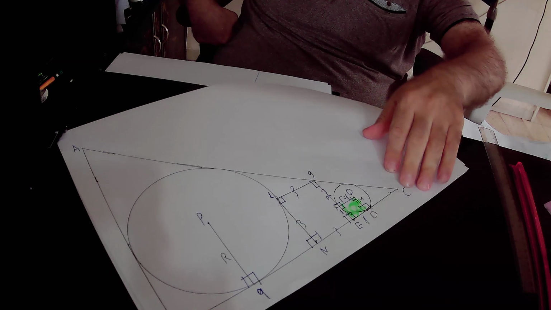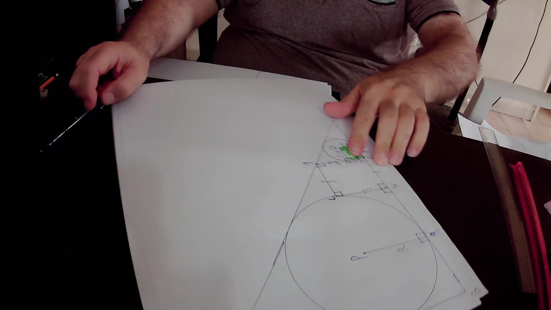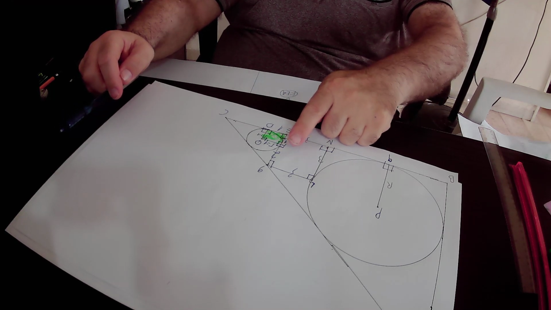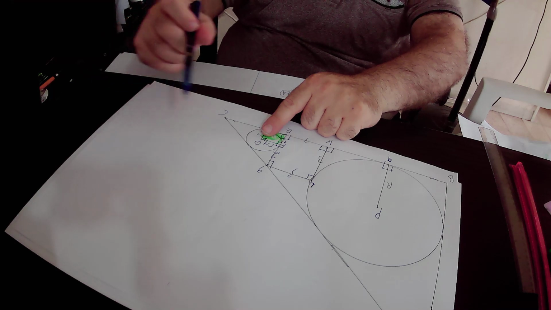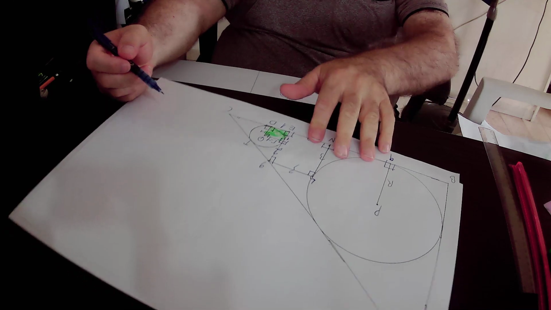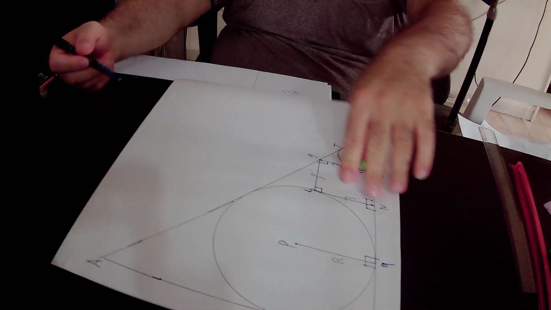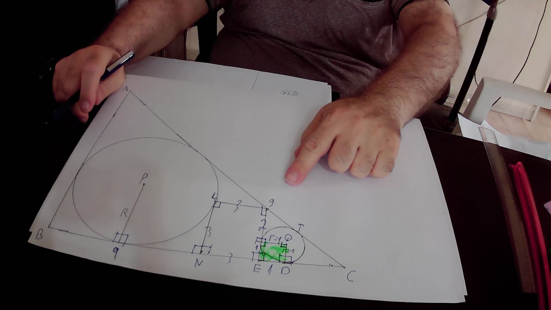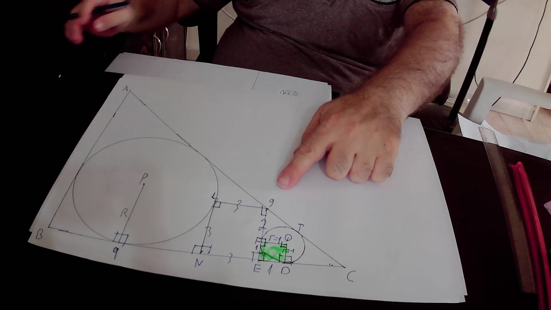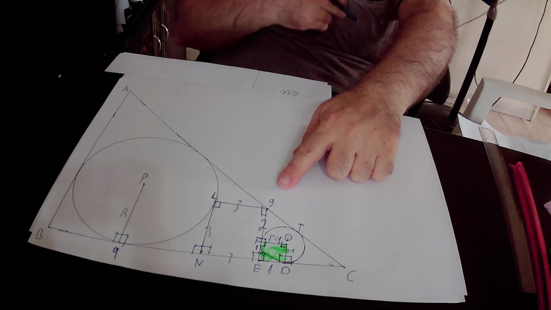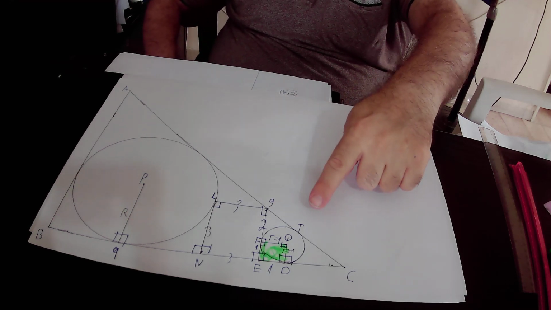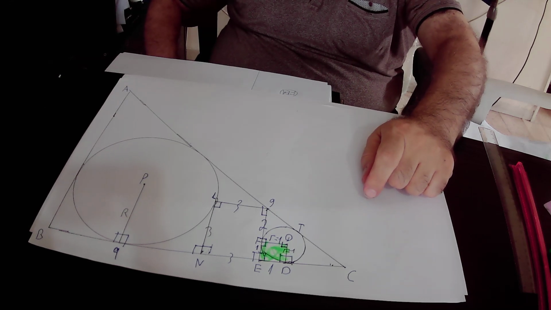We can implement rule number 2 in our drawing. Here we define the point of tangency of tangent AC with the small circle as T. So here we have the common external point G. From G, we have two tangents to the small circle, tangent GF and tangent GT, and according to rule number 2, they are equal to each other.